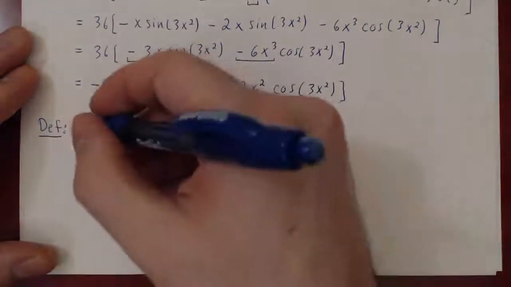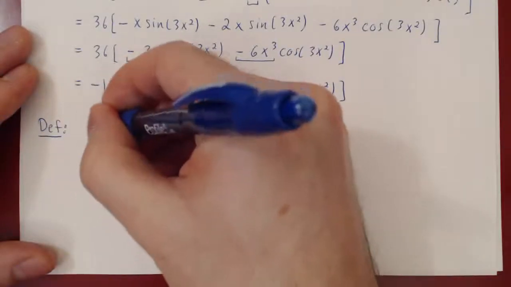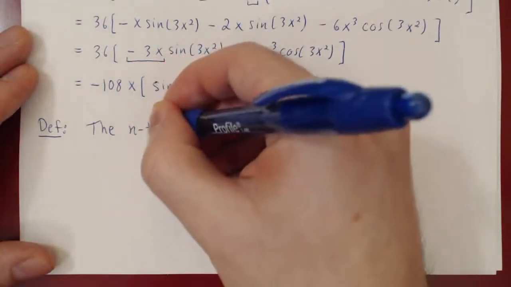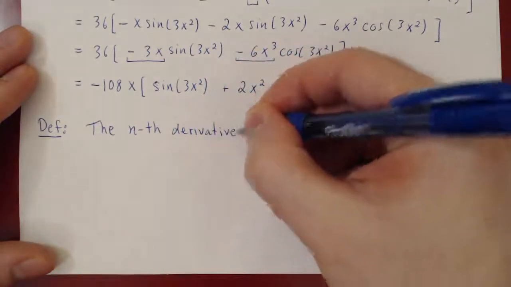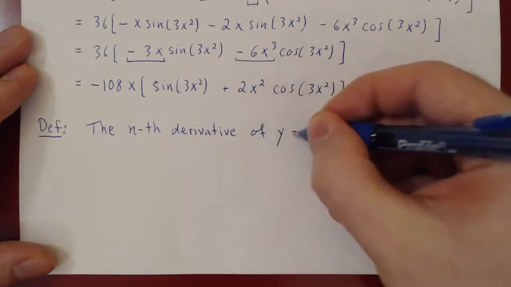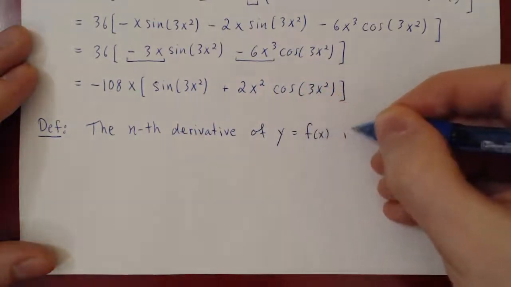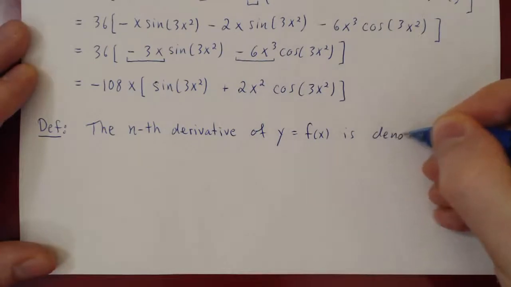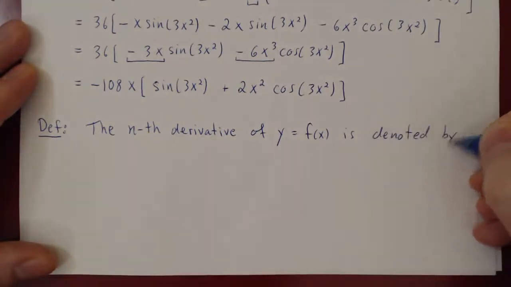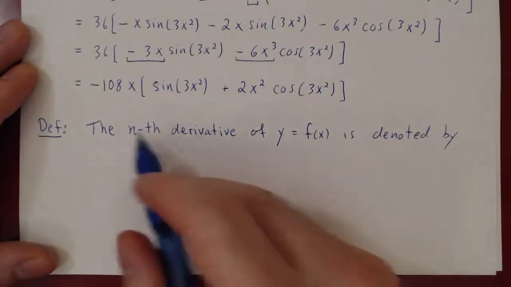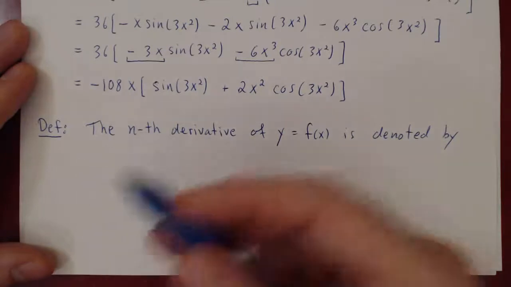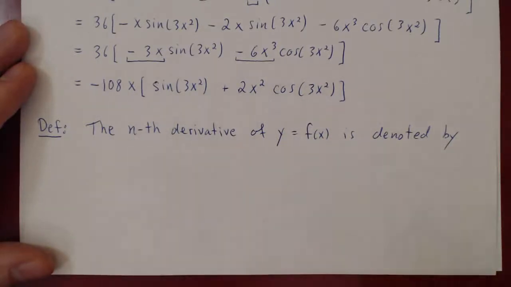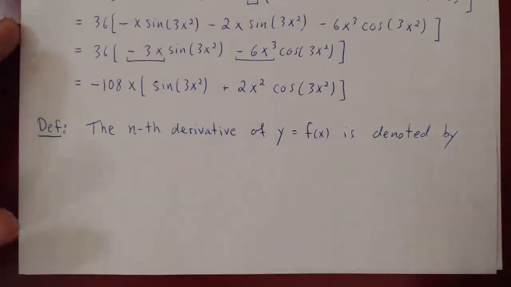So the nth derivative of y equals f of x is denoted by, and again the nth derivative, where n is a positive integer, just means differentiate the function n times. So if n was 8, you would differentiate the function 8 times. And here's how we denote it.